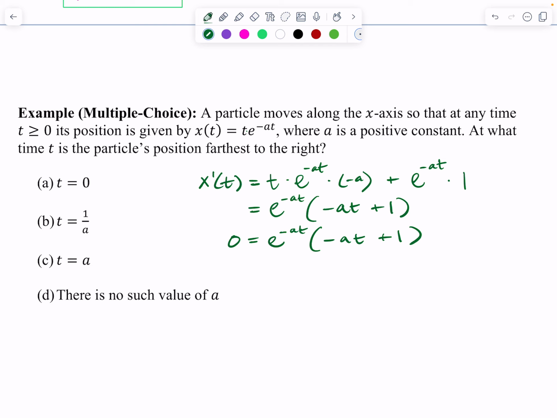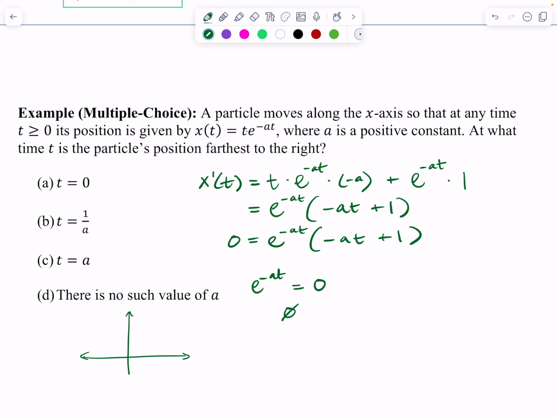This would also correspond to a critical value for the graph of the function x. And thinking zero product property, well, e to the negative at equal to 0, there's no solution to that equation. And if you think about the graph of e to the negative at, an exponential function would be exponential decay.